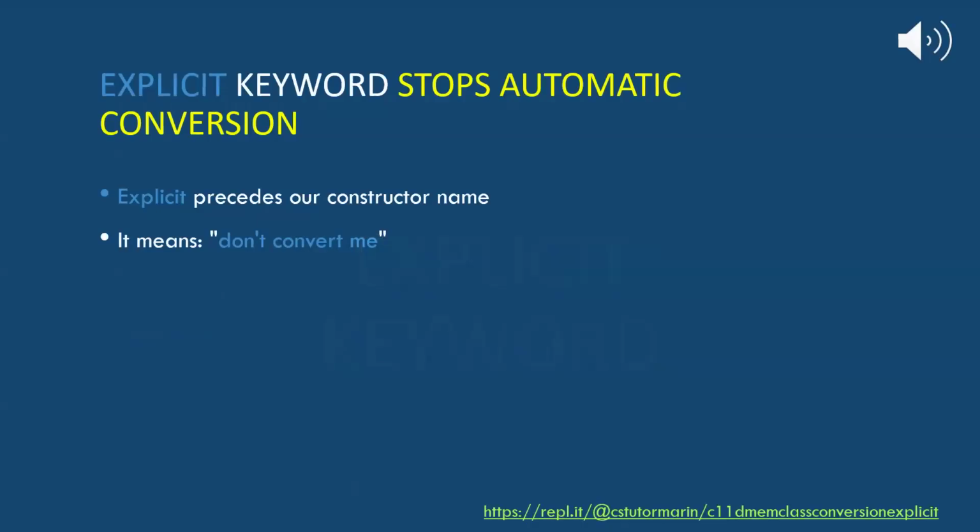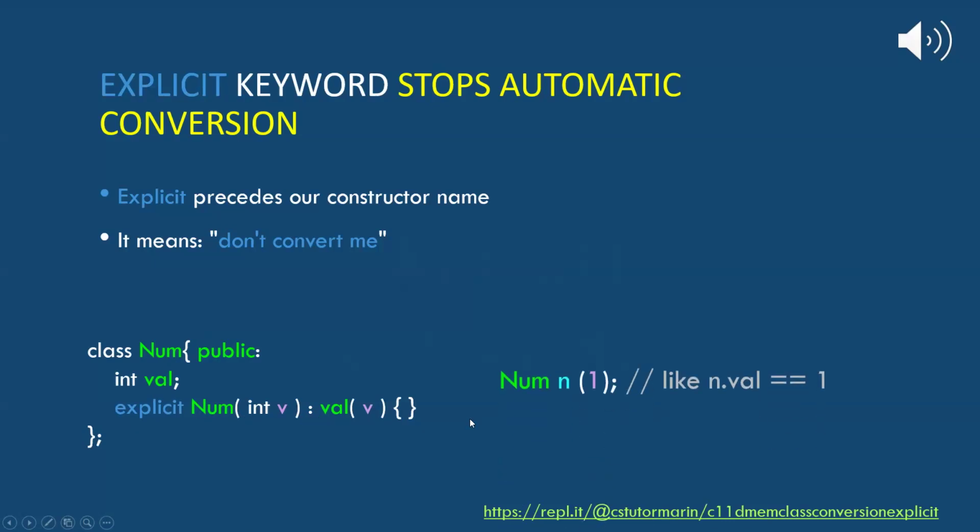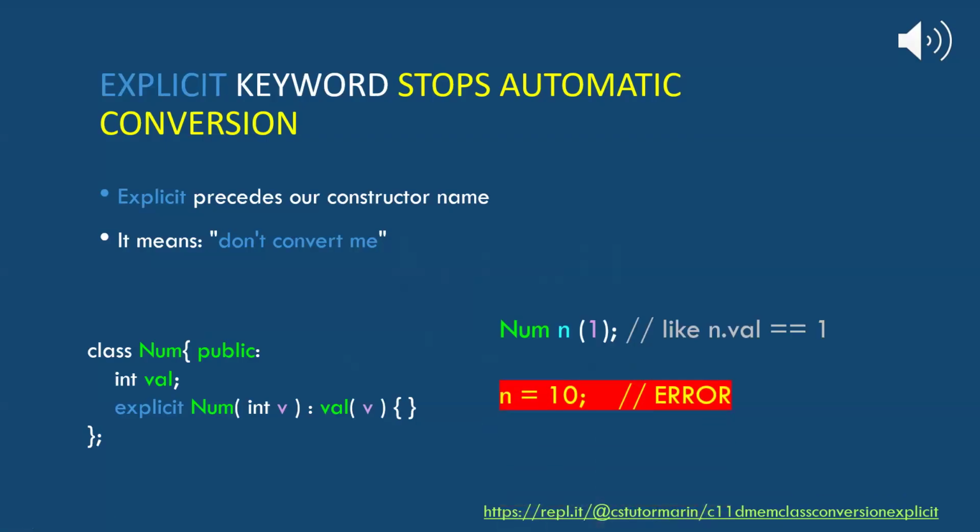So we can add the word explicit to prevent something from being automatically converted, right? So if I don't want this situation to work over here, I put the word explicit in there and it prevents that 10 from being silently converted into an instance of n. You might think, well, why would we want to take that away?